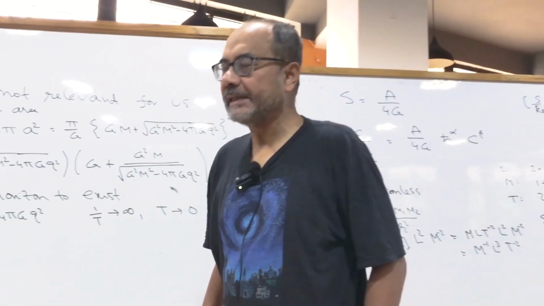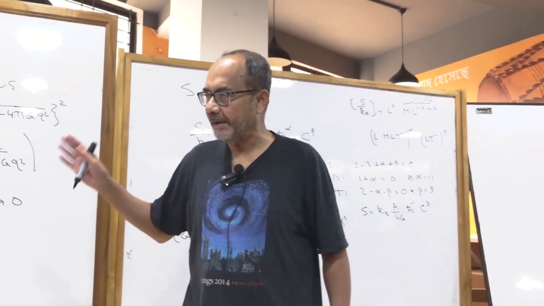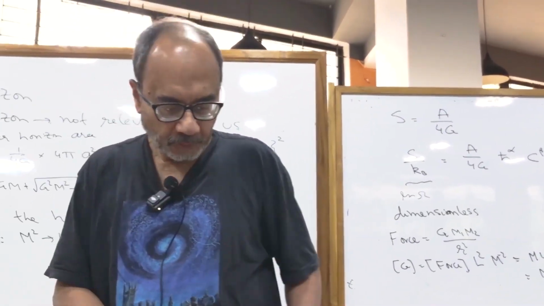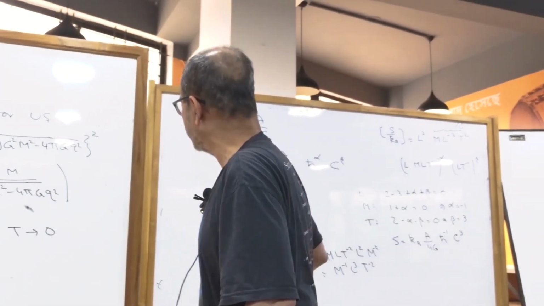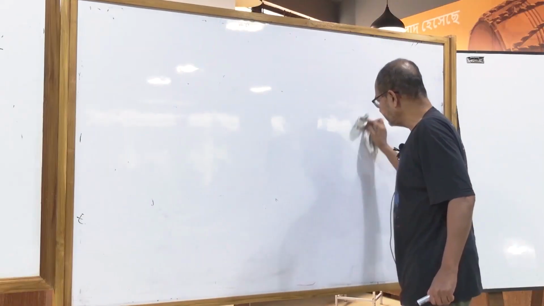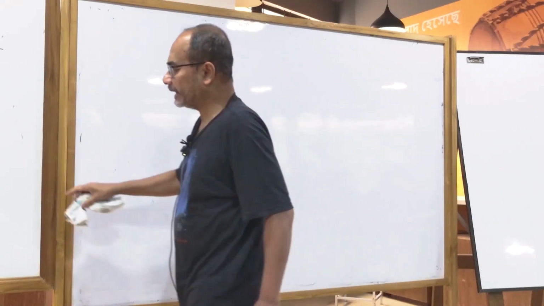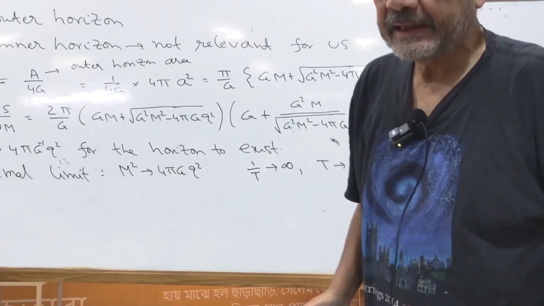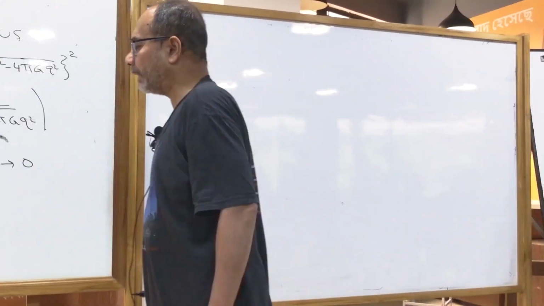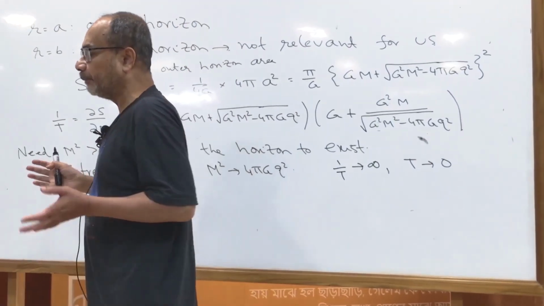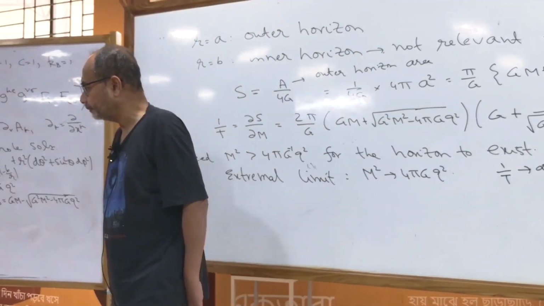Now it turns out that this is still not good enough. Okay, this is certainly better than earlier, but we have to do something more, and it's not good enough because of the following reason. What we see from here is that there is a Hawking radiation of this object. But imagine you take an extremal black hole like this at 0 temperature, and in quantum theory any process that is allowed will eventually happen.